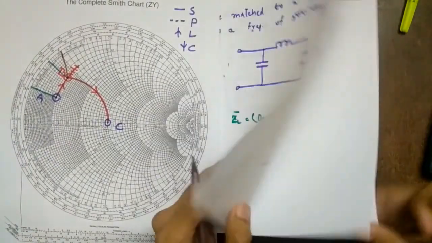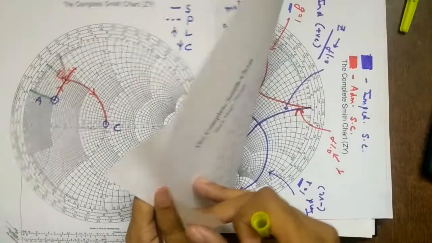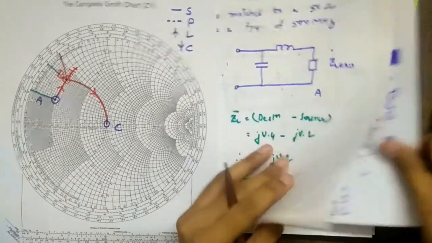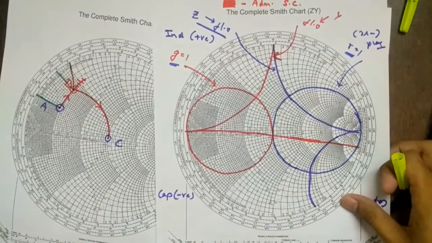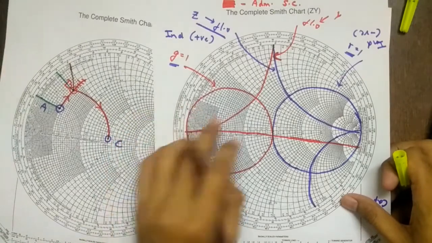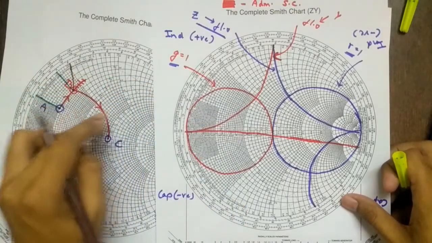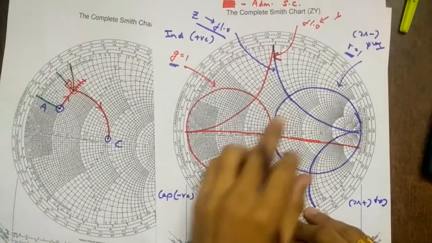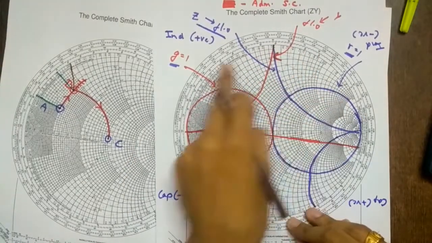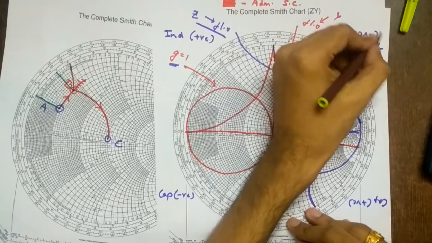Where is that page? Yes. So this is our ZY Smith chart which we saw yesterday, right? So what are we doing? We are in which part? Upper part, right? So for this part, when we are considering admittance, we use this thing.